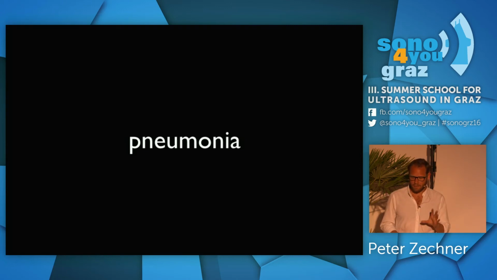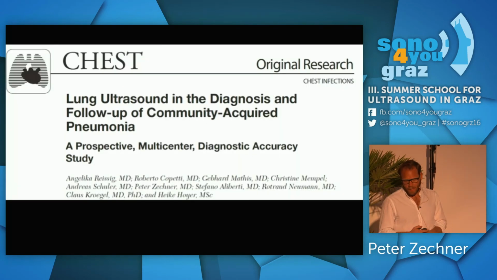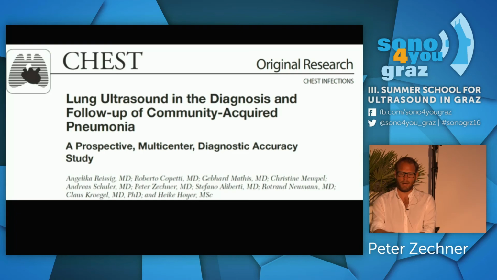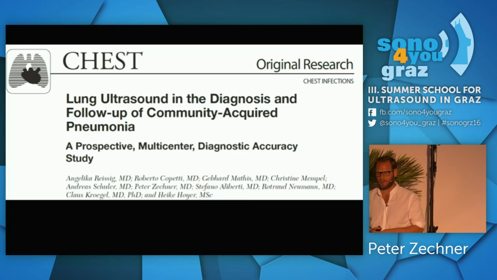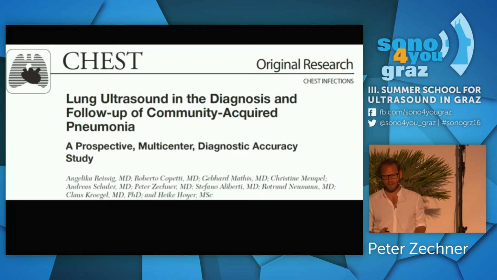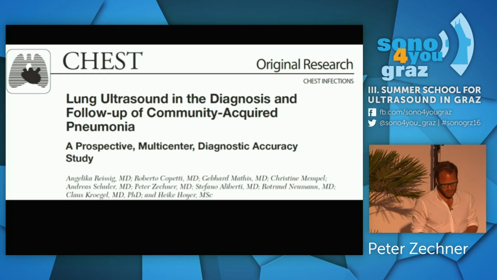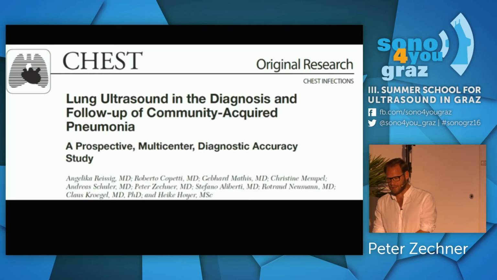Okay, so the last part of pulmonary ultrasound is detection of pneumonia. Meanwhile, we do know that pneumonia can be detected by ultrasound very well. A lot of studies have been conducted on this topic. The biggest study was a multi-center study in which we also participated.